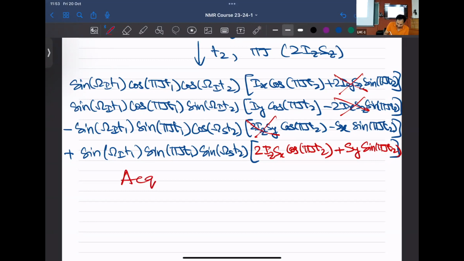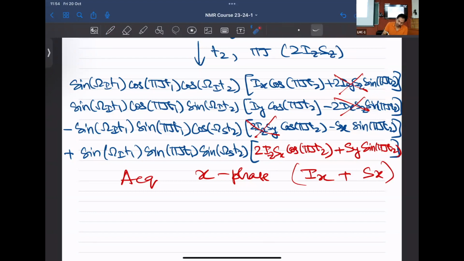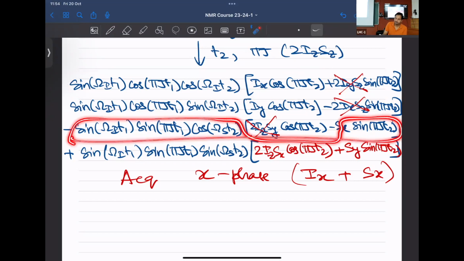Can we take the acquisition also on the x phase, which means that the observable operator is Ix plus Sx, not IxSx, Ix plus Sx. Okay, therefore, what is going to happen? This will not be observable. Similarly, this will not be observable. Your observables are one term here and the other term here.